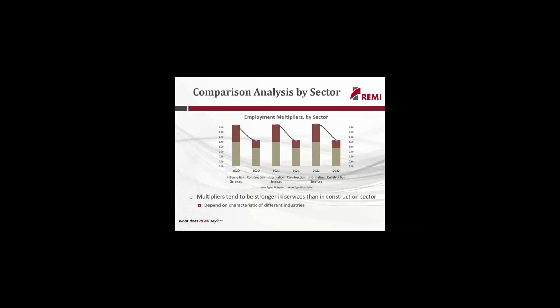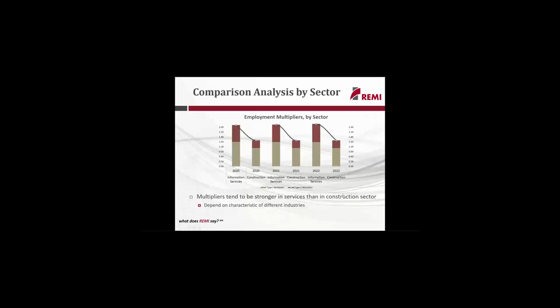The next graph shows employment multipliers by sector, and the results depend on characteristics of different industries. We mainly chose the information services sector and the construction sector, with a $100 million sales shock to each sector.